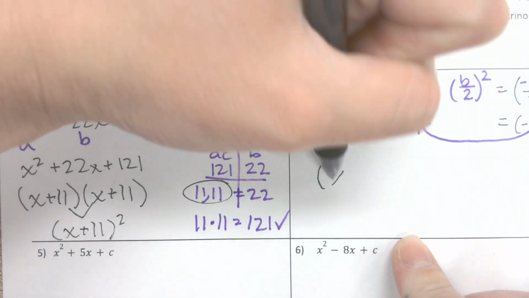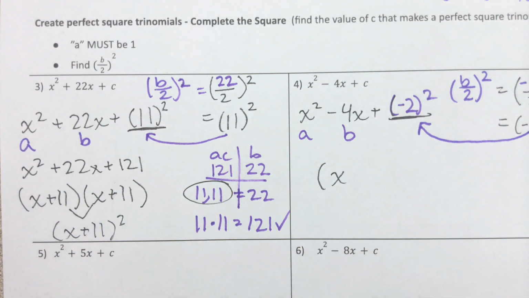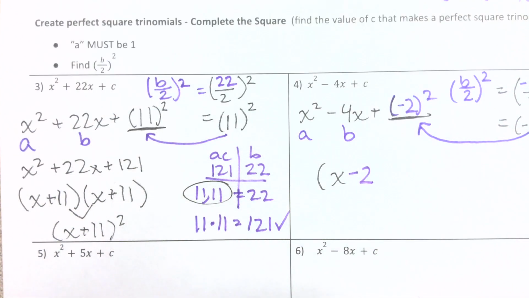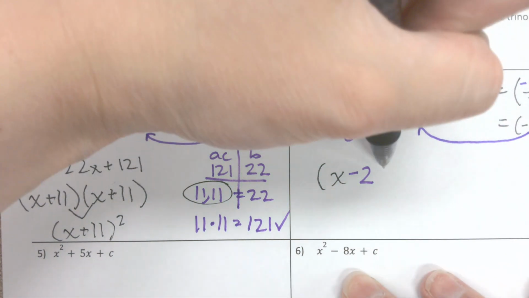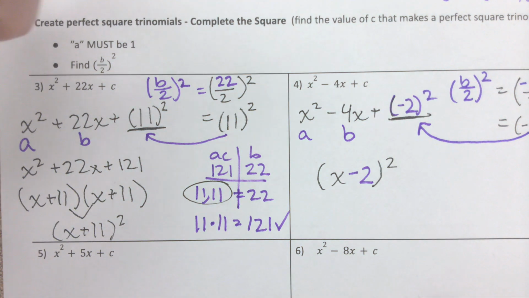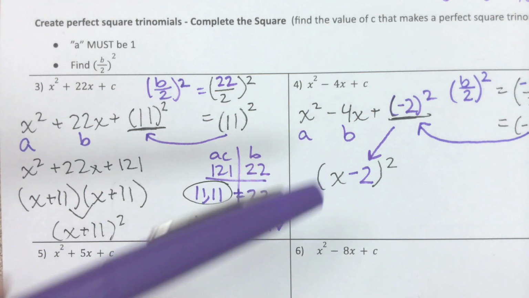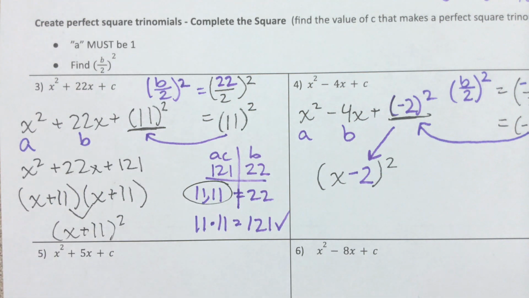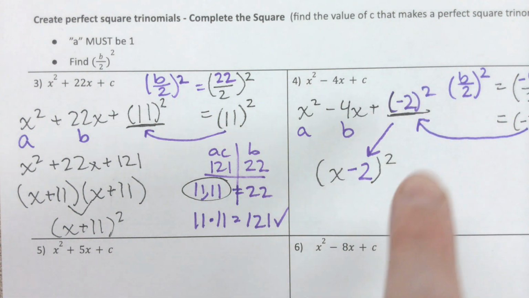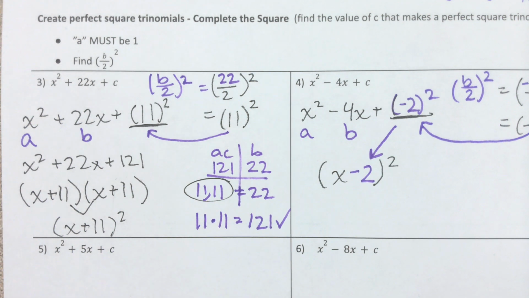And I'm going to just write x minus 2 squared. We can go through and factor this, but this is going to be the result. So we're saving ourselves a lot of time and energy by recognizing this little trick here. Any questions on that?